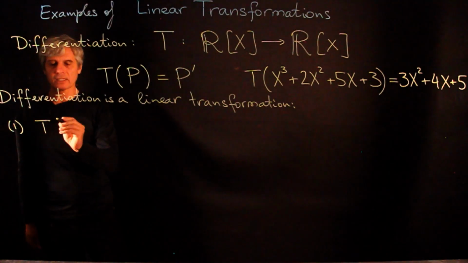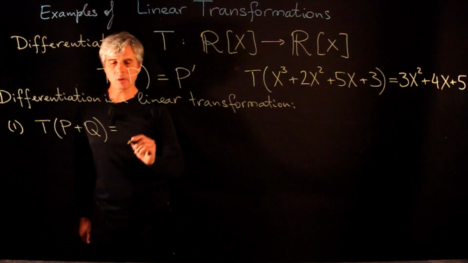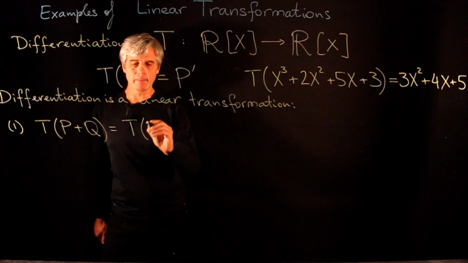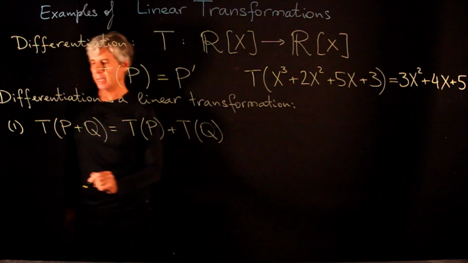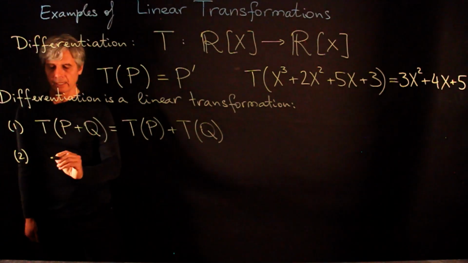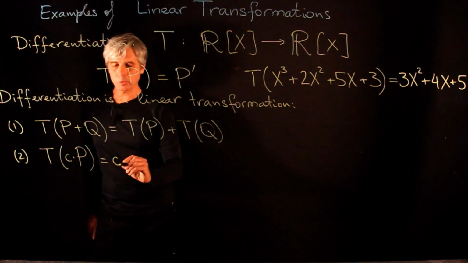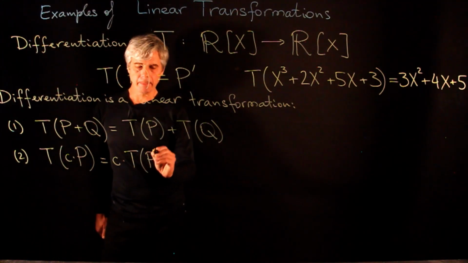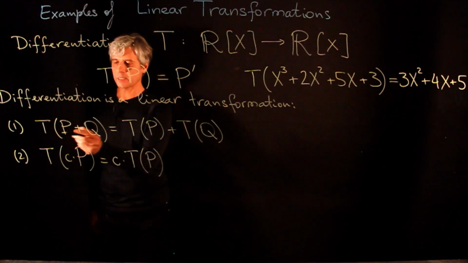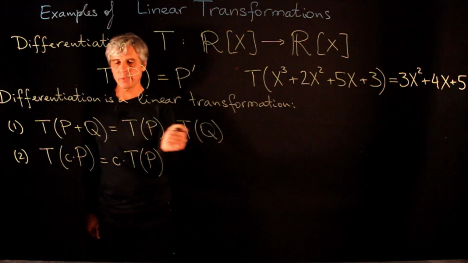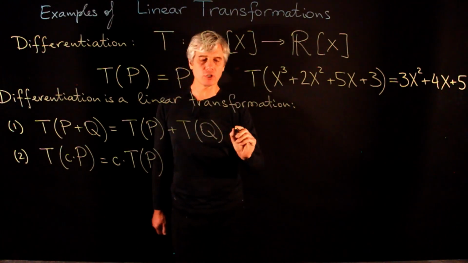The first one is T of P plus Q is equal to T of P plus T of Q. And the second property, that T of C times P is equal to C times T of P. Now, our transformation is differentiation, so let us translate this abstract property into a more specific situation here.